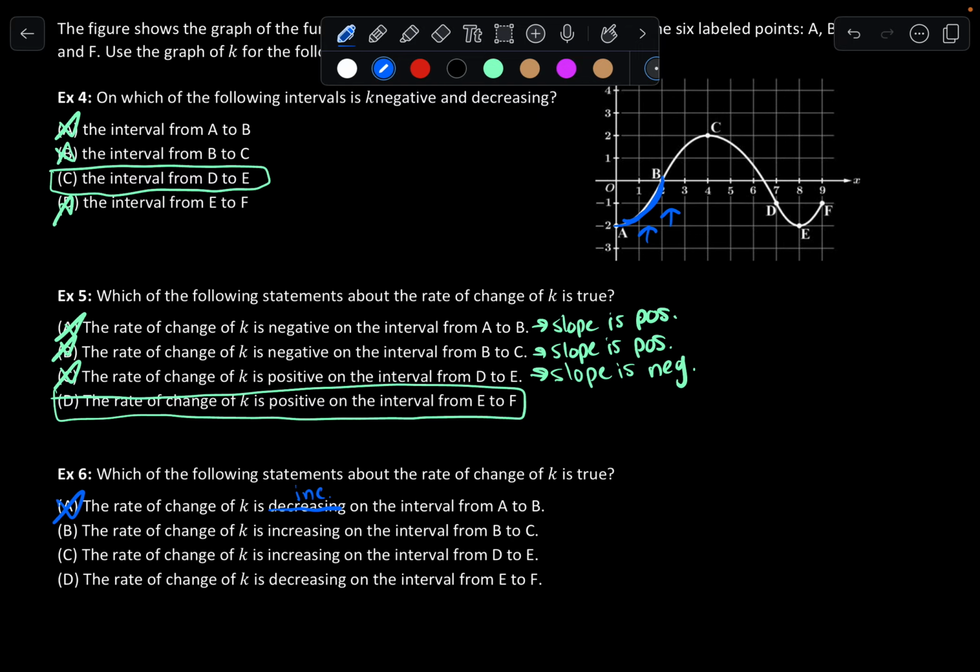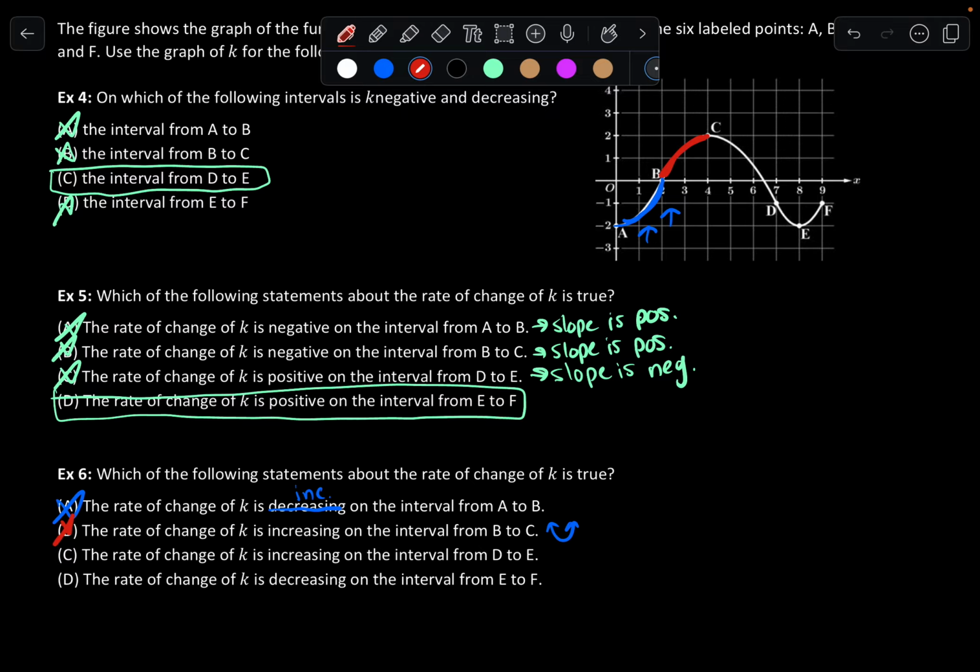Part B says the rate of change of k is increasing on the interval from B to C. For the rate of change to be increasing, that means we want to see concave up, okay? But instead, from B to C, we see that it's concave down, so part B is not correct.